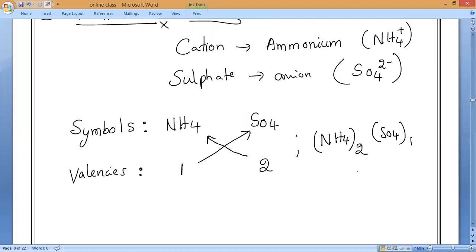So the formula will turn into how, guys? You all should tell me. NH4 twice SO4. That is the ammonium sulfate formula. Anybody having any doubt? Let me know. Clear? Yes, sir.